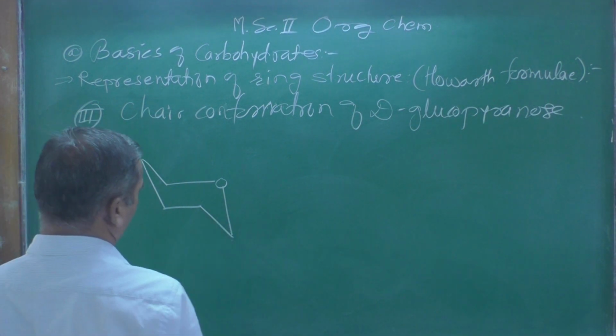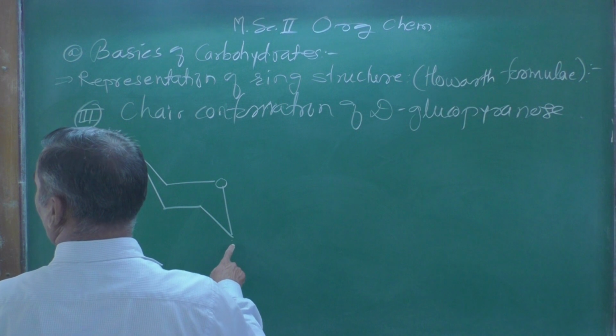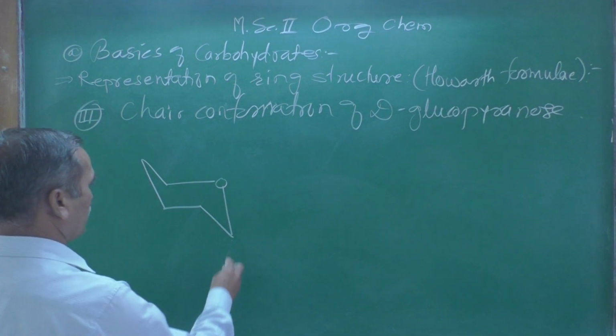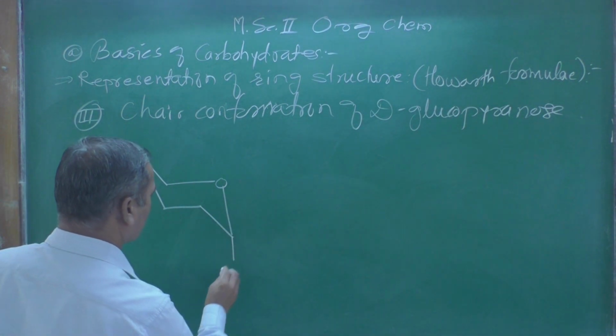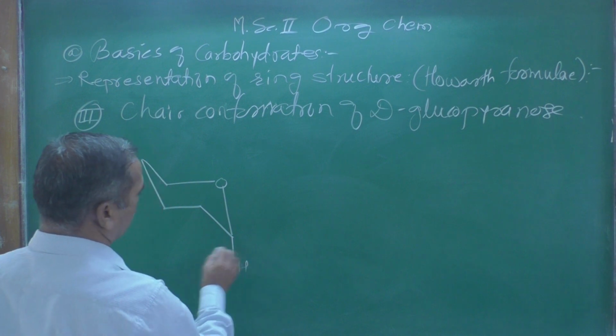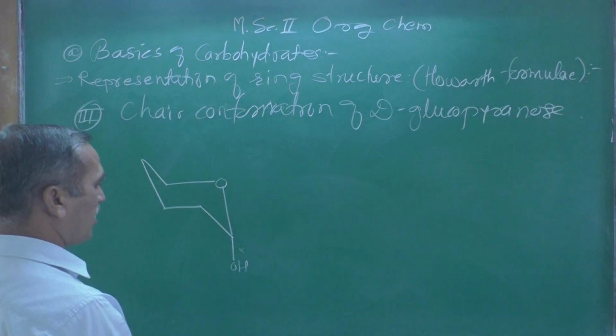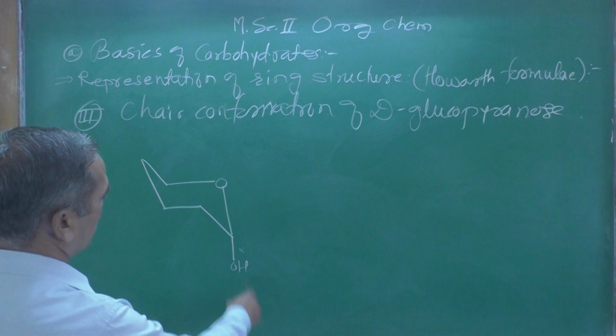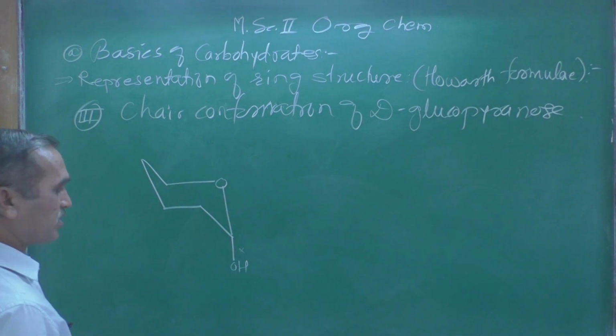This is the carbon number 1 anomeric carbon atom, where the hydroxy group is below the plane, present at the alpha side, so this bond is at the axial position.